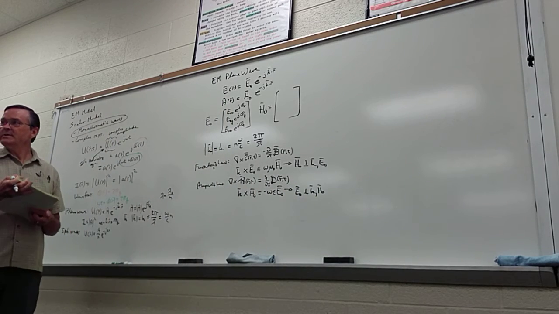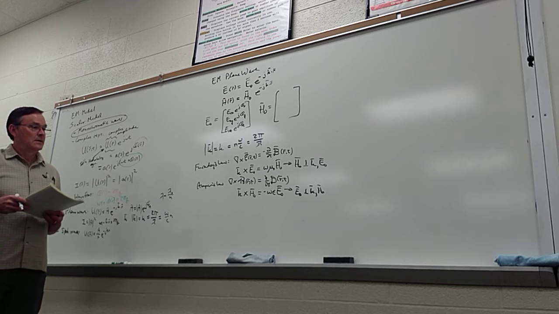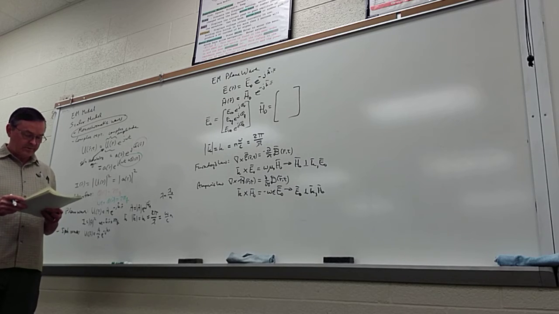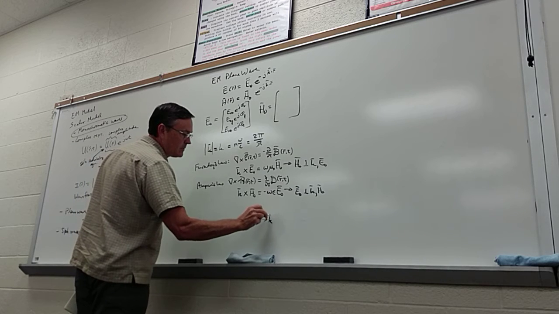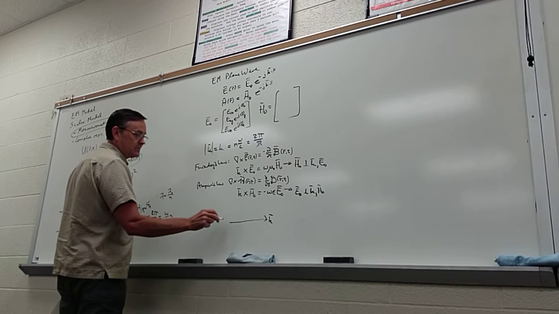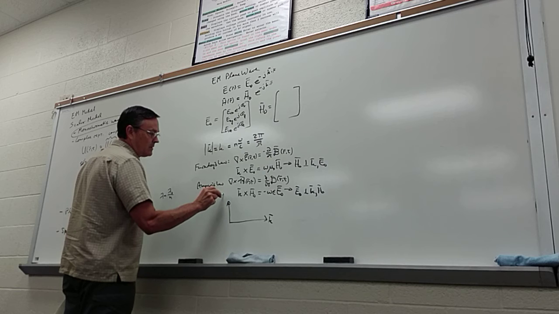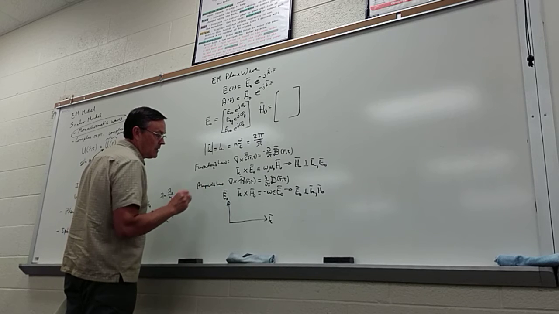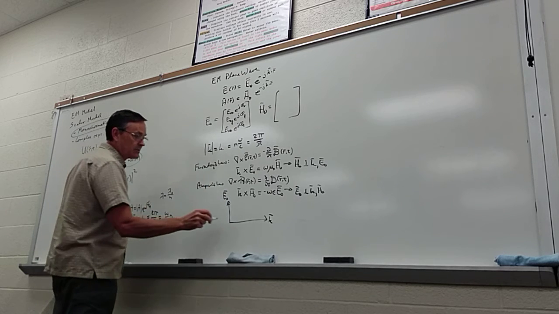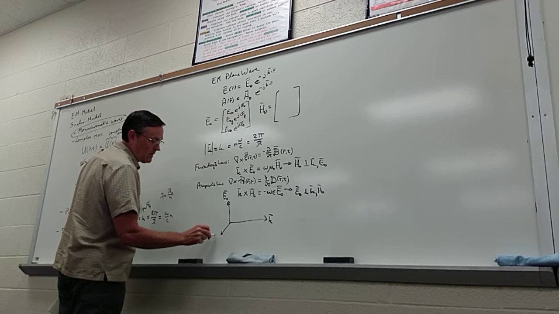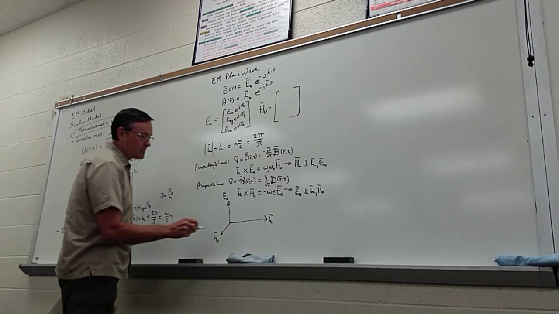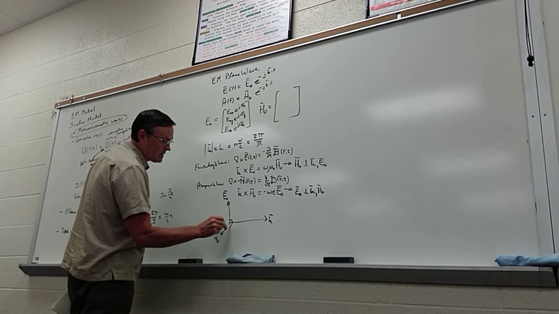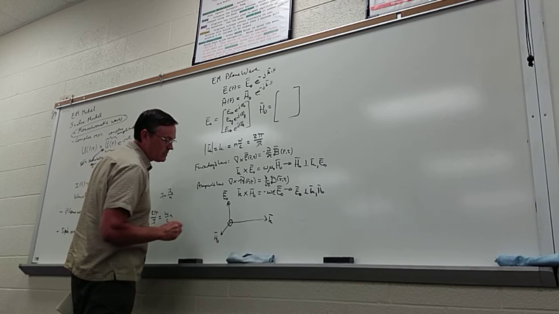Hey, they're all mutually orthogonal. So if the wave vector is in that direction and the electric field vector is in that direction, then the magnetic field vector must be in that direction. So all of these things are mutually orthogonal.